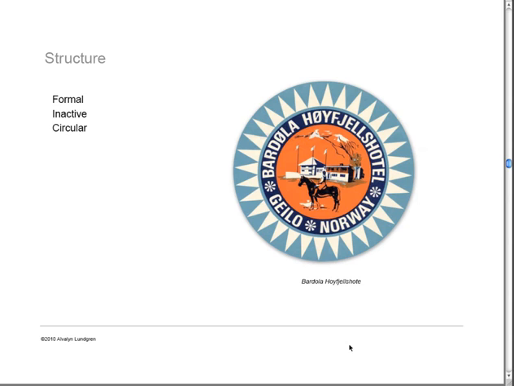And this is a luggage tag from, I think, the 50s. It's Norway. I was going to say Finland, but it's Norway. The structure here is formal, it is circular, and it's inactive. And this has a real strong concentricity. So we have the center here, and we have the edge of the orange field rotating around, then we have the edge of the dark blue, and then the lighter blue, and then the radiant points are rotating around.